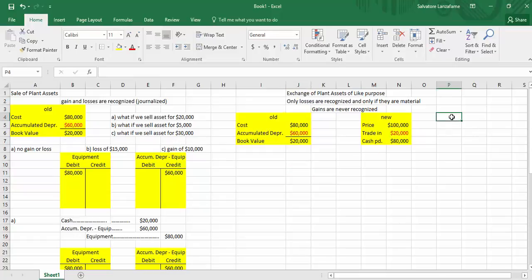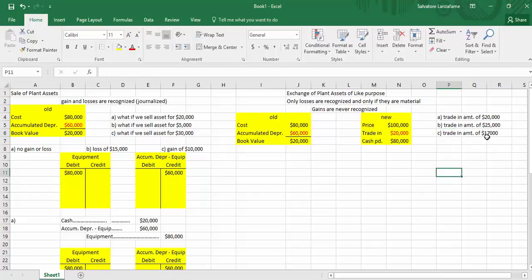So the three scenarios that we're going to be involved with here is A, trade-in amount of 20,000, B, trade-in amount of, let's go 25,000, and then C, trade-in amount of, let's make it 17,000.